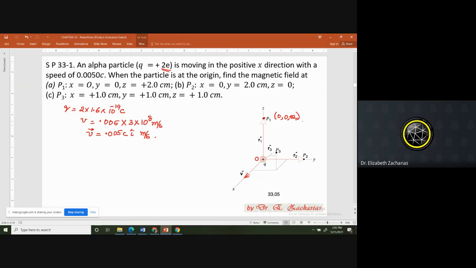This is the coordinate of that point. And you're supposed to find out what is the magnetic field at this point. Let the magnetic field be B1 and you have to find out the magnitude and direction.